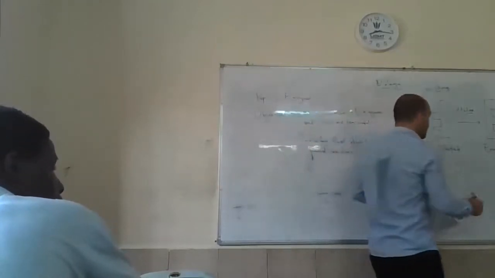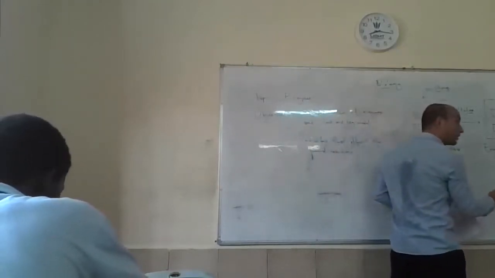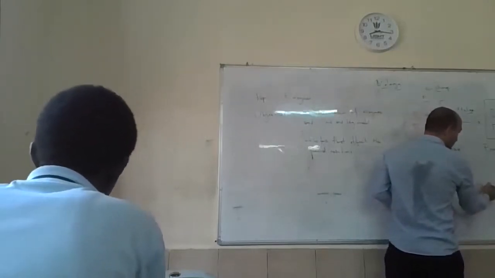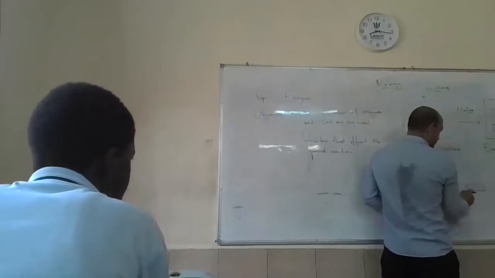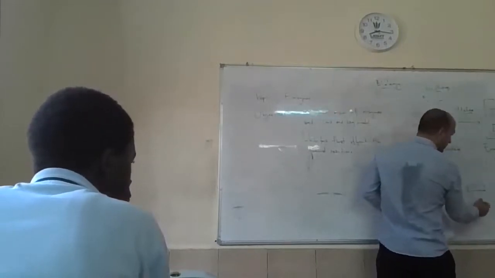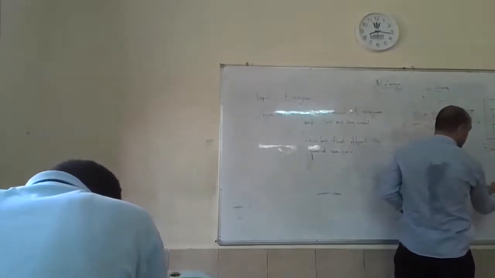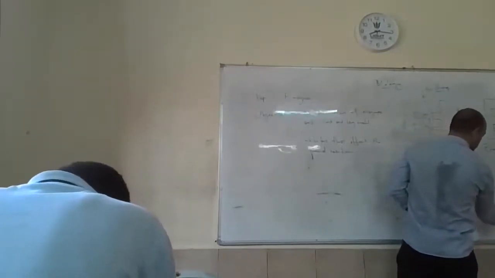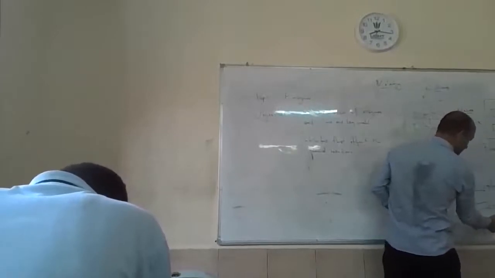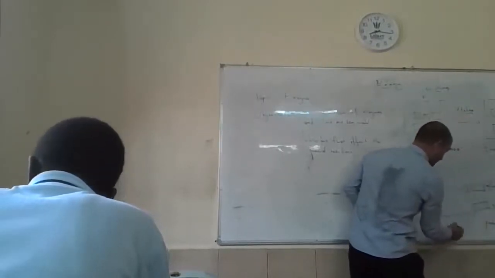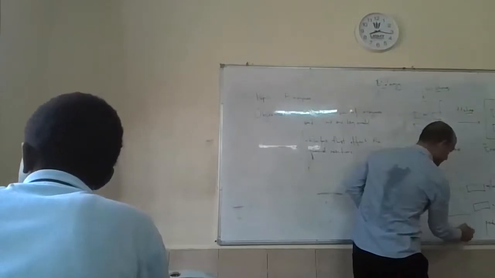We want to break it down. Glucose plus glucose. Our product, enzyme and our product. If this one was maltose, our product will be glucose, glucose. So this is our product, and this is our enzyme.